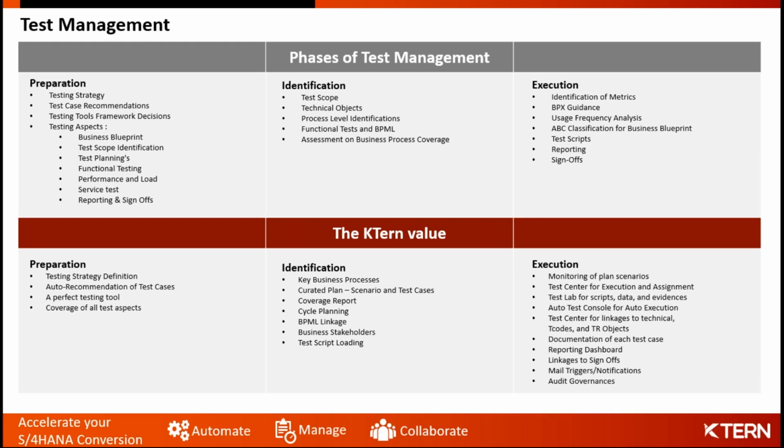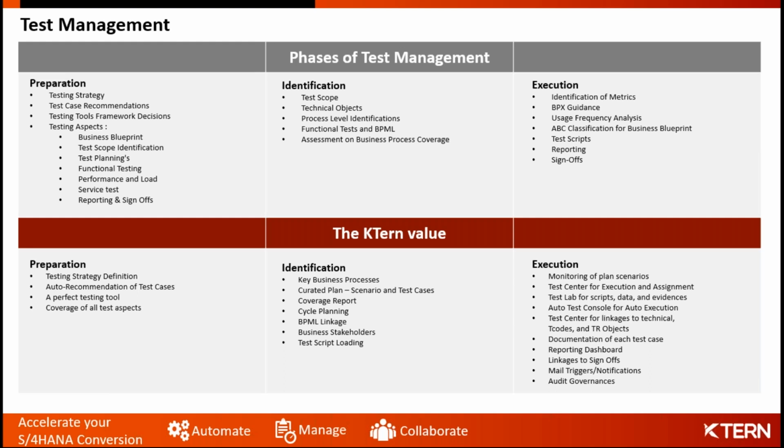And in the identification, we'll be talking about what is a plan, what is a scenario, what will be the test case, and under the test case, what is the execution script, what is the instruction step, what is the expected result, things like that. Things like these need to be identified so that you have a smoother way of testing towards the realization phase. So KTern helps you with it by providing you the test cases.